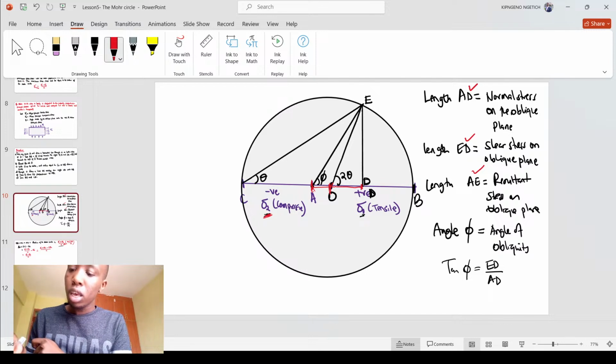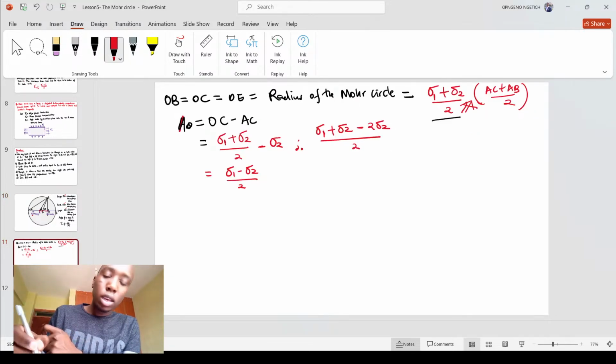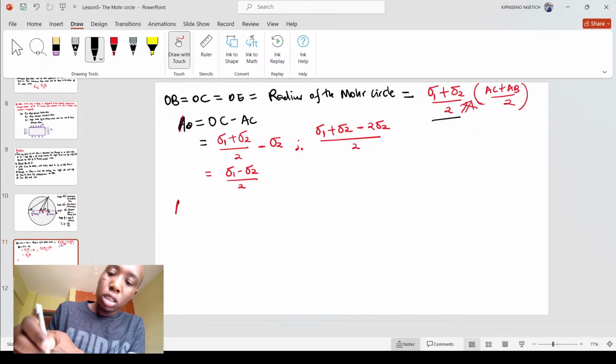AD will be found by AO plus OD. So AD will be given by AO plus OD.